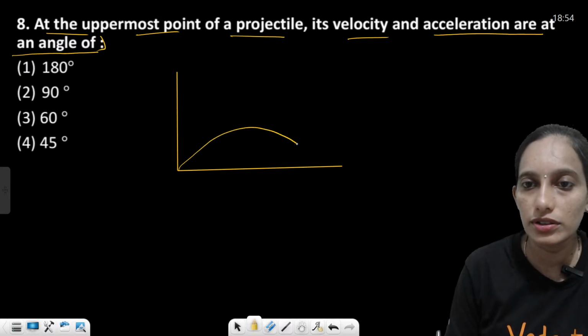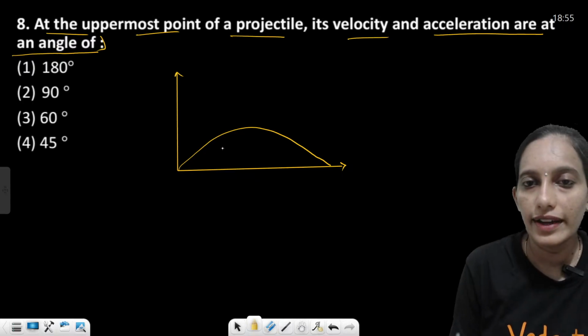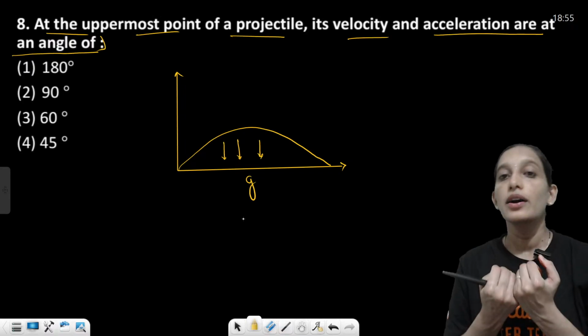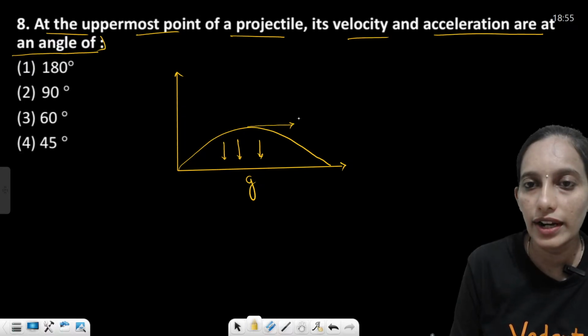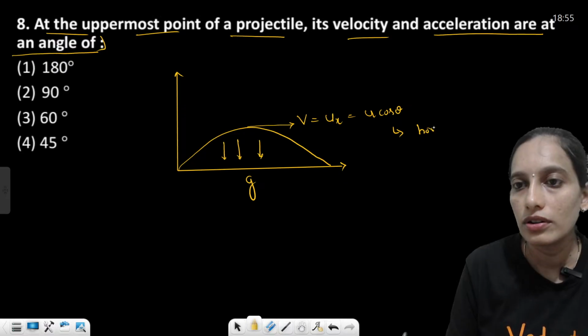So this is our regular projectile motion, and we know that everywhere the acceleration in this case is acceleration due to gravity, which is always acting vertically downward. At the topmost point we know that the velocity of the particle is simply equal to ux, which is nothing but u cos theta, and it is along the horizontal direction.